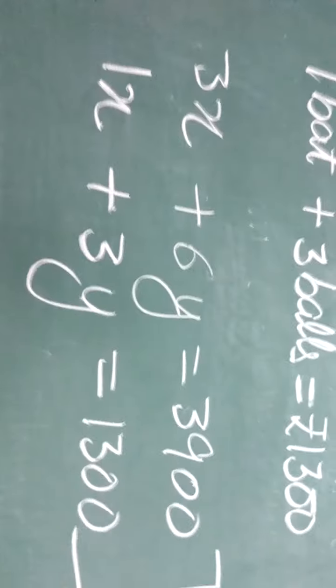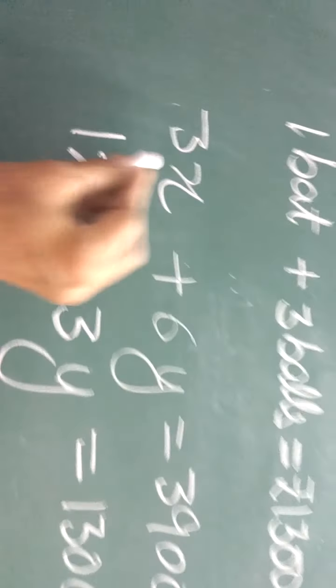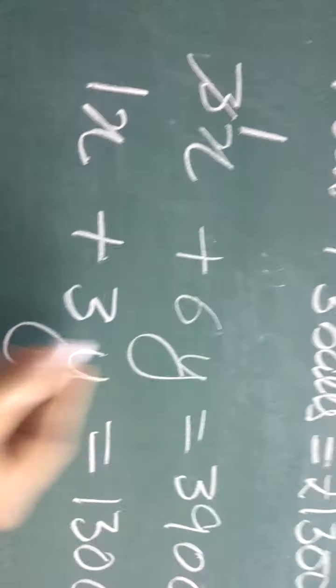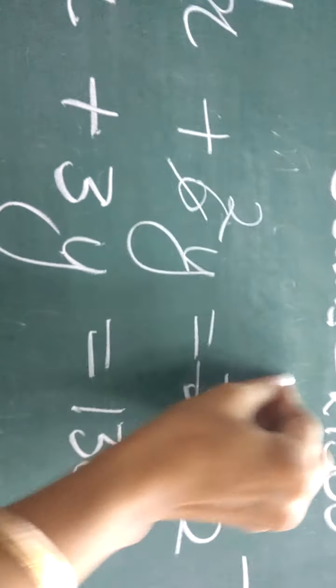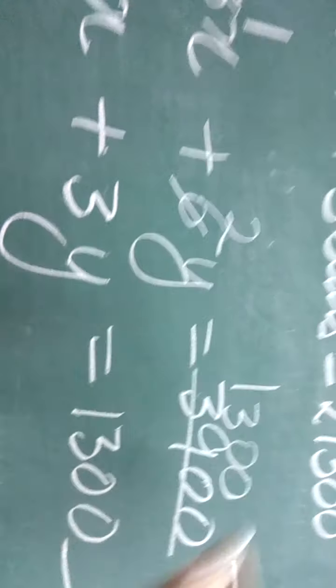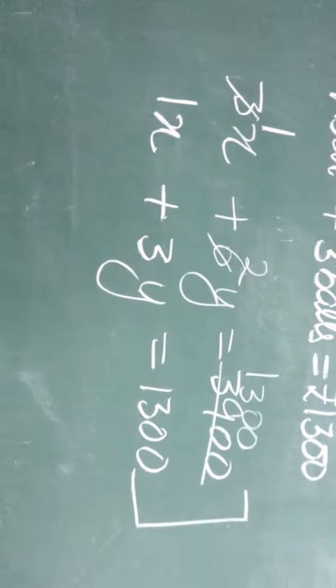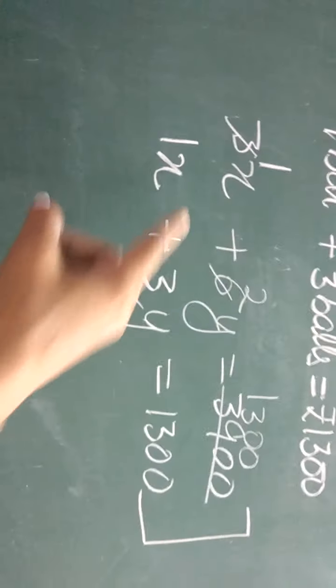All these numbers are multiples of 3. So we can reduce this equation as 3 ones are 3, 3 twos are 6 and 3900 divided by 3 is 1300, like this. So the new equation will become 1x plus 2y is equal to 1300.